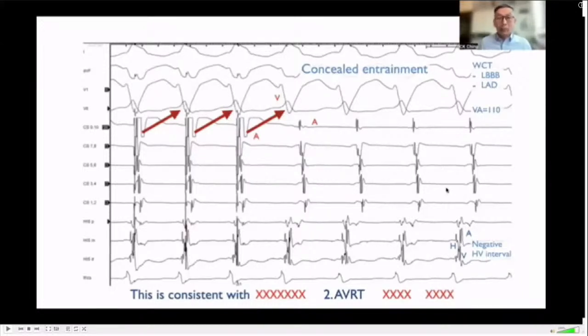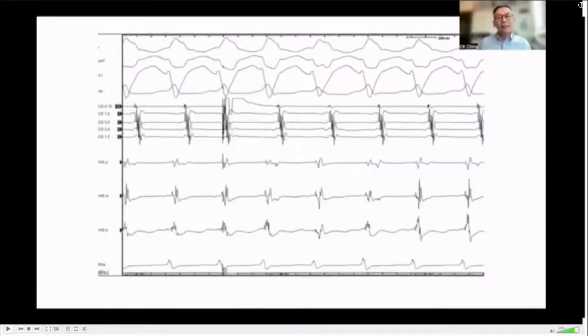Let me then move to the last diagnosis, which is an AVRT. To prove that it is an AVRT, we place a PAC during His refractoriness. You would see that in this case, a critically timed PAC is able to bring forward the immediate QRS, resets it, and the tachycardia continues.